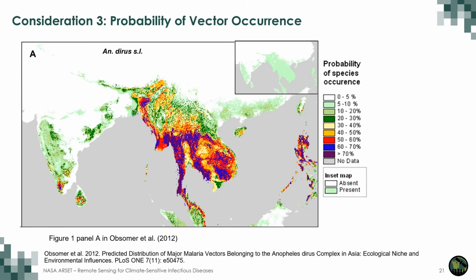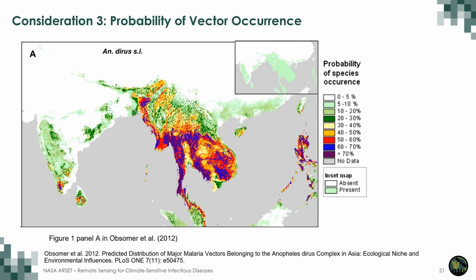Then the next consideration is what's the probability of vector occurrence across the landscape? And again, in Myanmar, vectors are distributed across the landscape everywhere, and it is very rare that you will find areas where the probability of species occurrence is low.